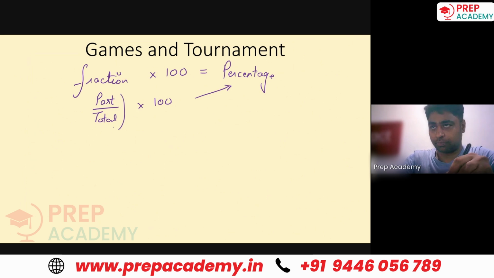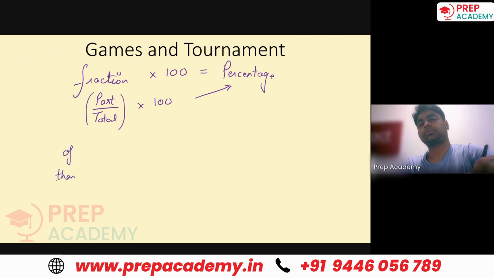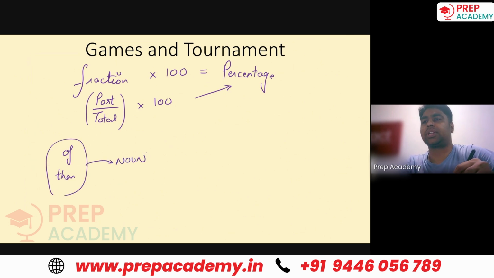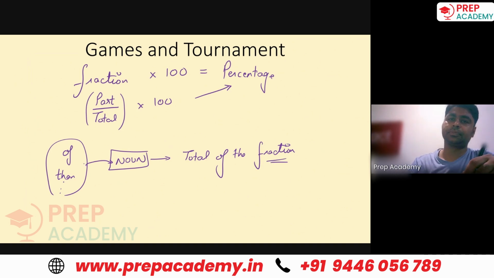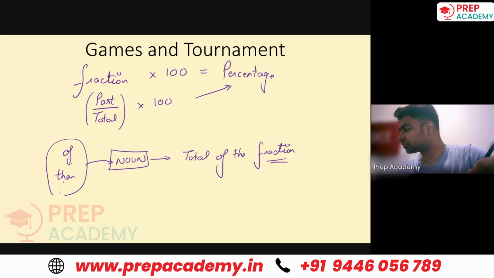So after the word of, after the word than, whichever noun comes, and all of the other words that I used, whichever noun comes, we'll make that particular noun the total of the fraction. Is it understood now? Is it clear, guys? Yes, sir. Okay, perfect.